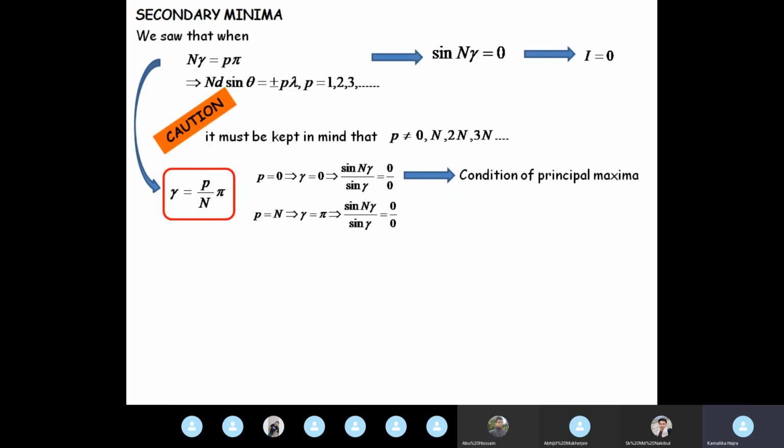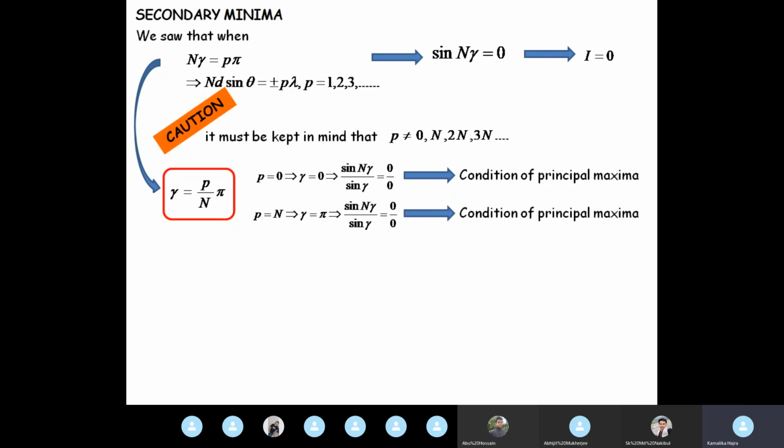Again, if you put p equal to capital N, nothing happens when p equals 1 or 2 or 3, etc. But when you put p equal to capital N, gamma becomes equal to, see from this expression, p equal to capital N makes gamma equal to pi. So once again, sine N pi by sine pi is 0 by 0, again giving us the condition of principal maxima.